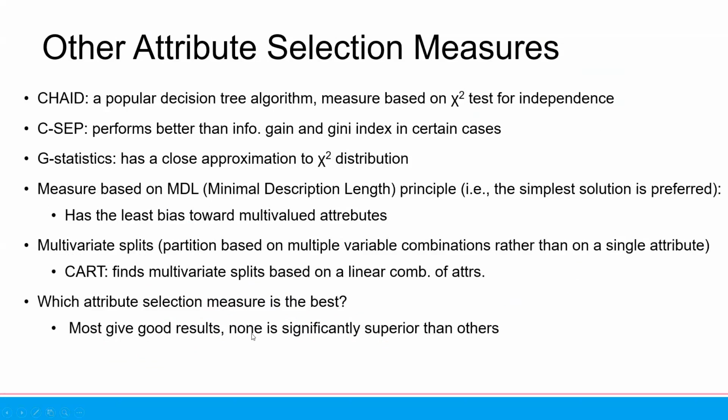And of course, this is based on your data set. You cannot say that this one is the best. Which attribute selection measure is the best? Most give good results. None is significantly superior to the others. It depends on your data set, your parameters, and so on.